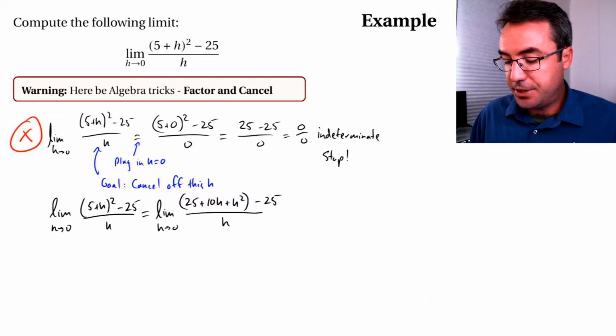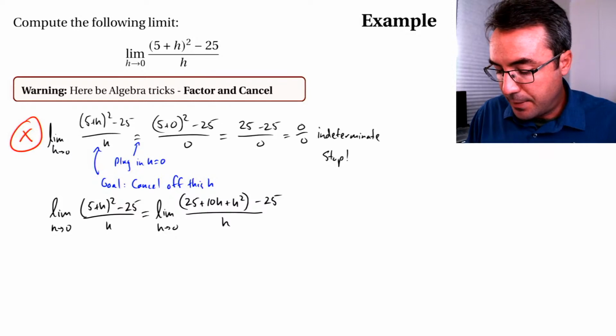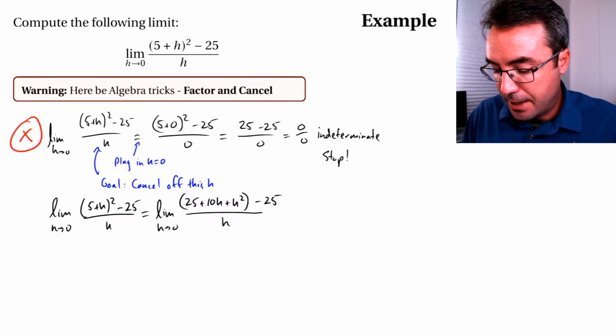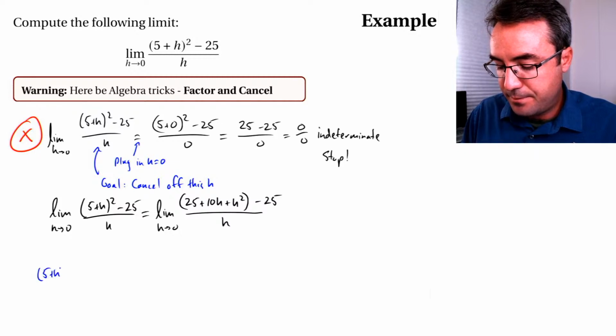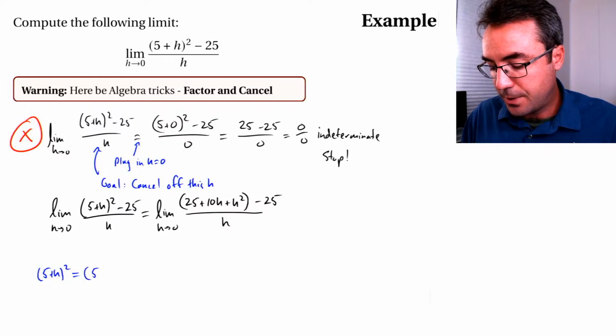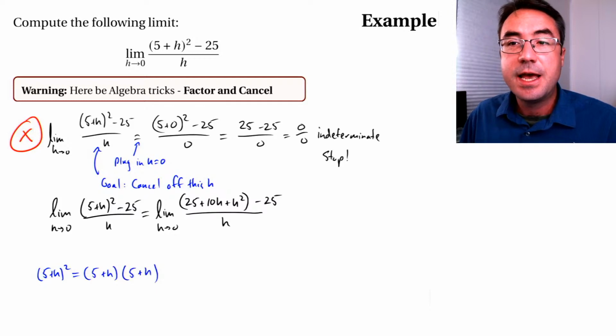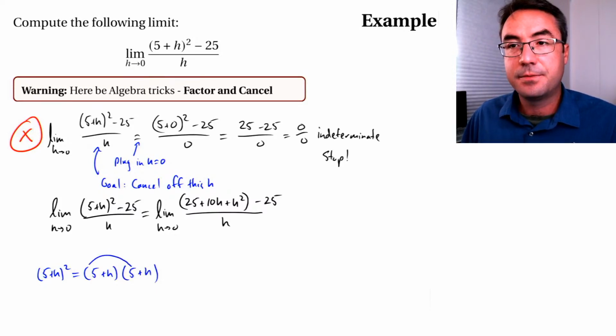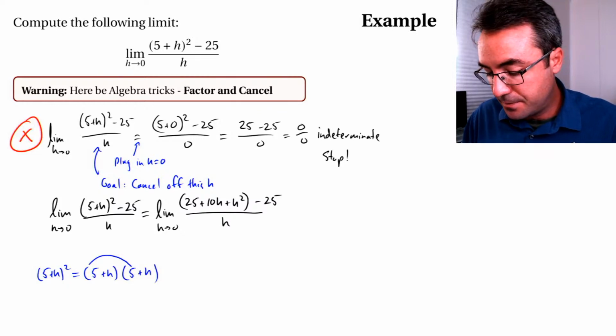And just in case you don't remember how we're doing the multiplication there, you may have called it FOIL. So you write out the squared term as 5 plus h times 5 plus h, and then you multiply the two first terms together. That gives you 25.